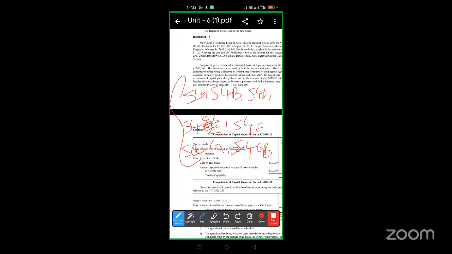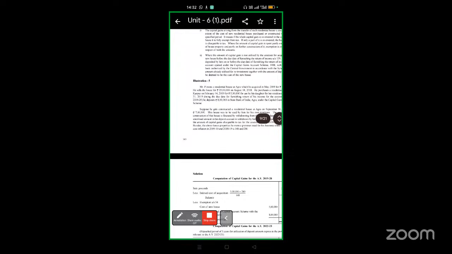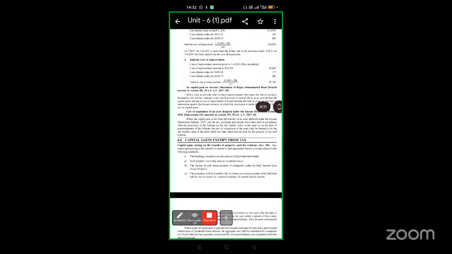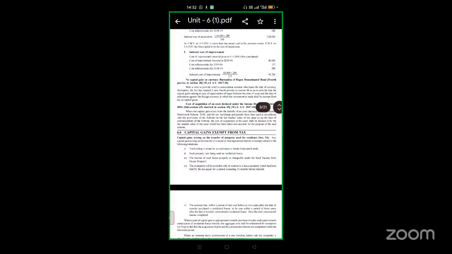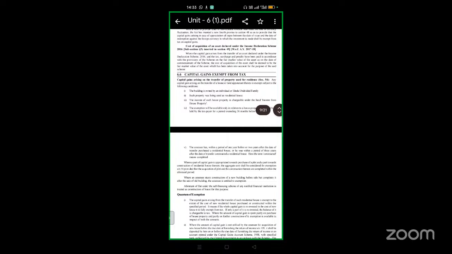So section 54 says that if you are selling any of your residential house property, and whatever amount you receive from that house property, you are reinvesting again in a new residential house, or purchasing an under-construction house property, then whatever amount you are investing, you get exemption under section 54.